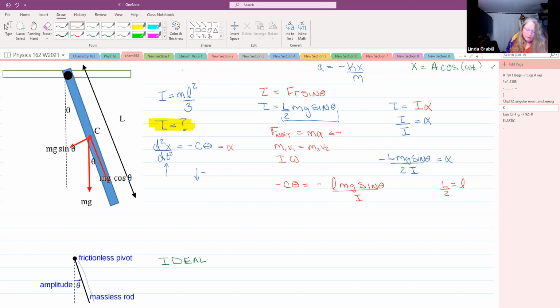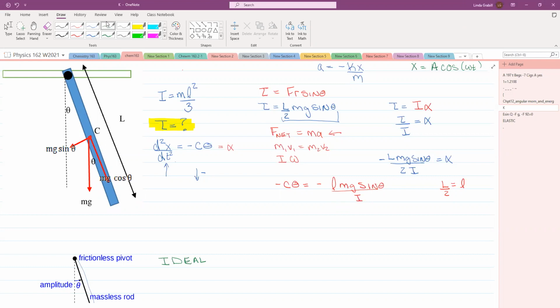All right, now there was one video I had you watch in reference to small angle approximations. Does anybody remember what the name of the game was from that? Yeah, for a really small theta, sine theta is about equal to theta. Perfect.